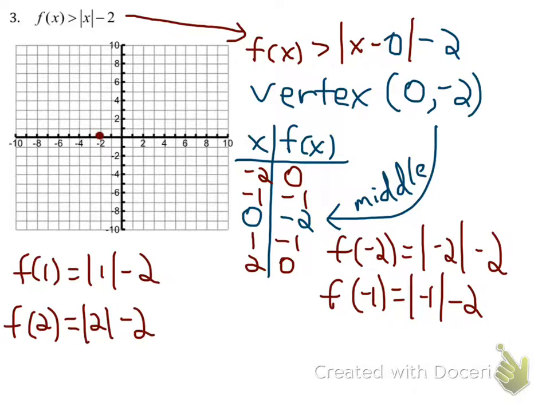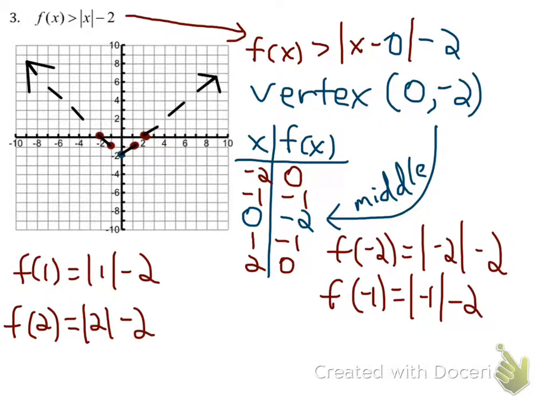Next step is to graph our points there. The vertex is in blue, and then we can draw our lines. This time they're going to be dashed because it is just a greater than inequality sign. Then we have to decide if we're going to shade up or down.